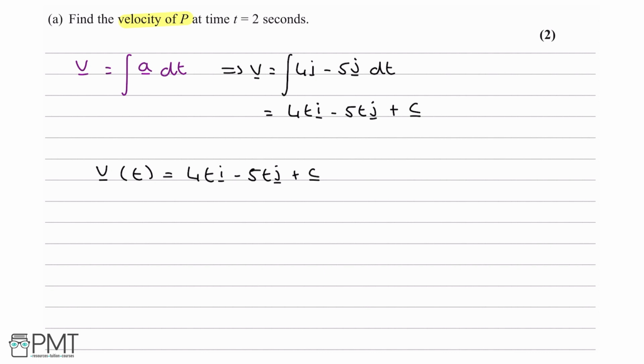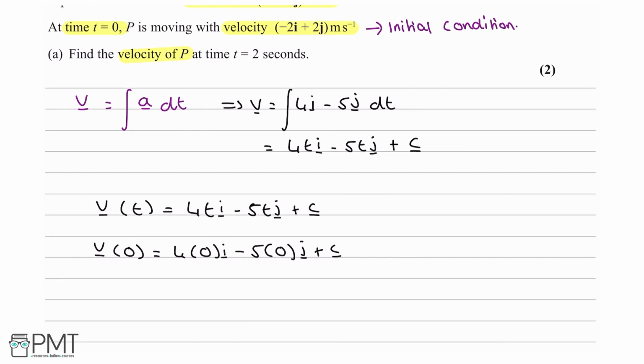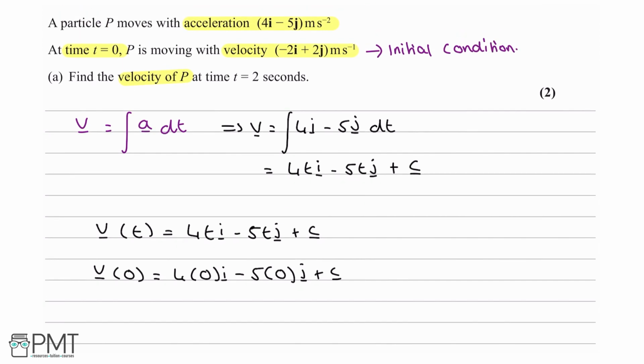So the initial condition is when time is 0, so v0 equals 4 times 0 times i minus 5 times 0 times j plus c, and this equals minus 2i plus 2j, underlining the i.